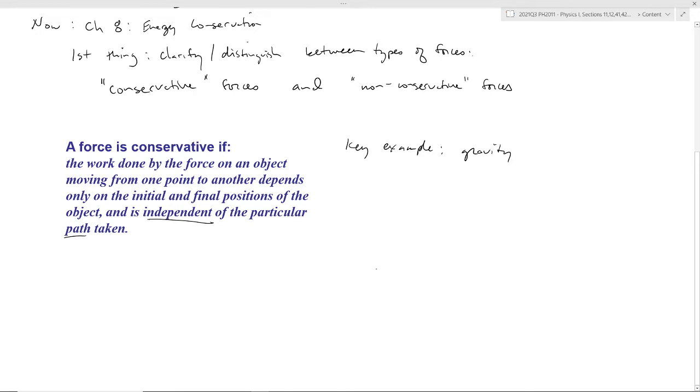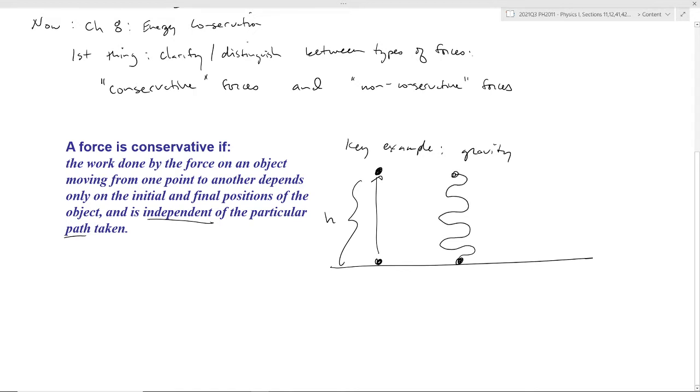So consider lifting an object, a particle here. You could lift it straight up some height, or you could lift that particle along some weird, meandering path to that height. Or maybe you could take a path that's diagonal to that height.